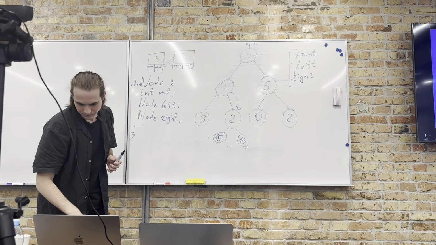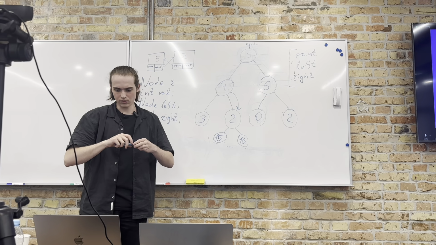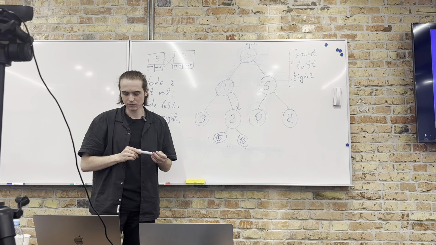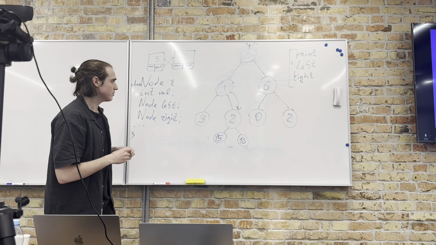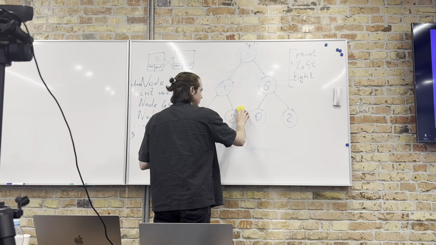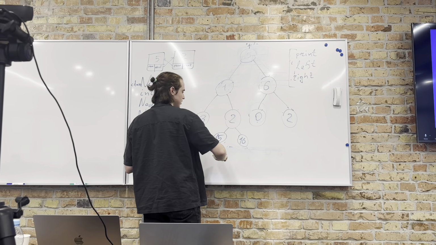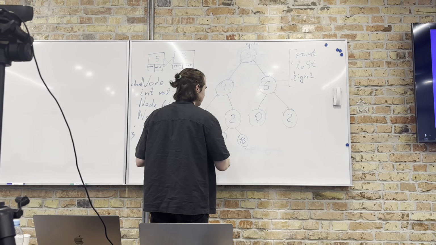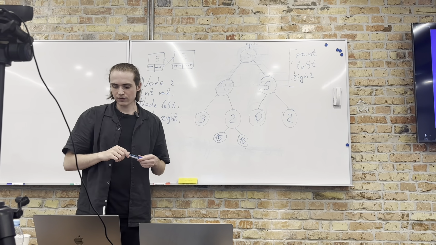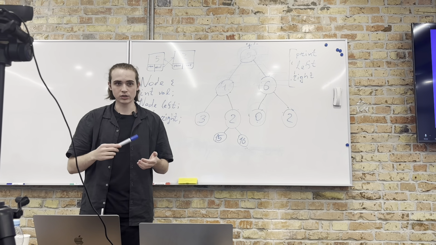Okay. And one more very important topic is the binary search tree. In a binary tree, we can have random elements, any elements in any position of the tree. A binary search tree is an example of a sorted tree.